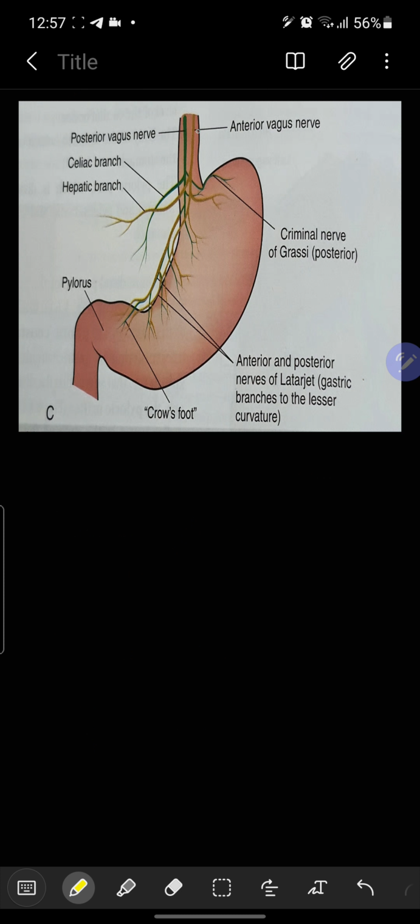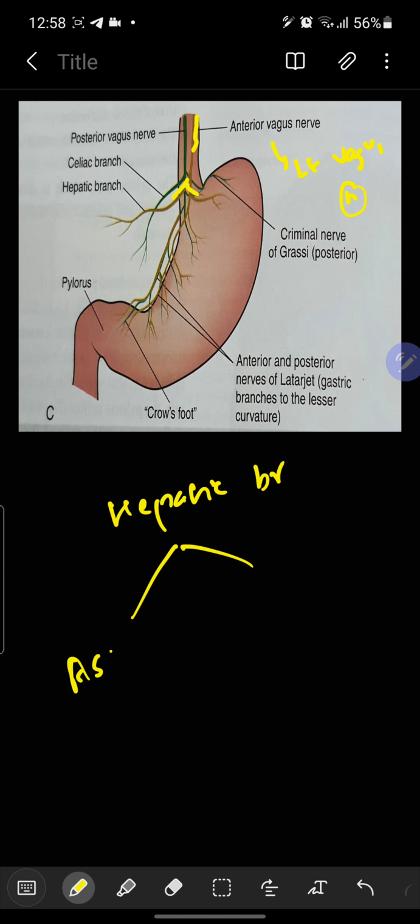In this diagram, you can see the anterior vagus, which is a branch from left vagus nerve, and it divides into hepatic branch plus gastric branch. This hepatic branch will divide into ascending and descending branches.